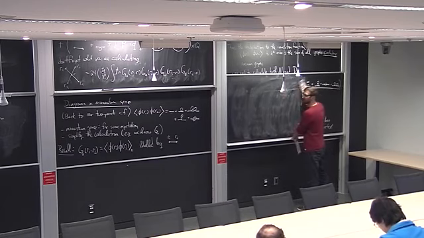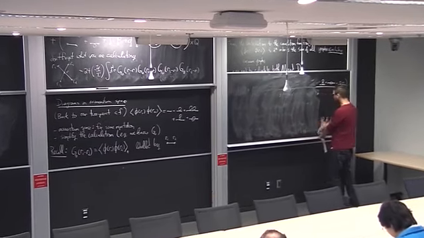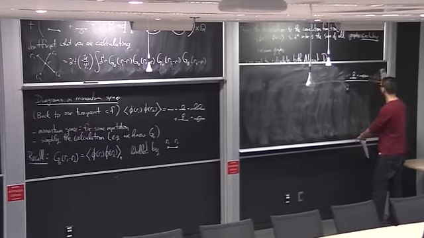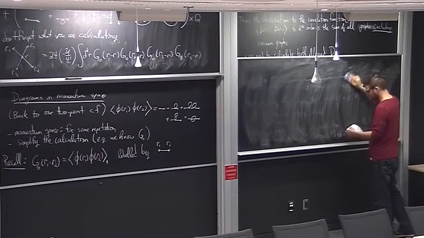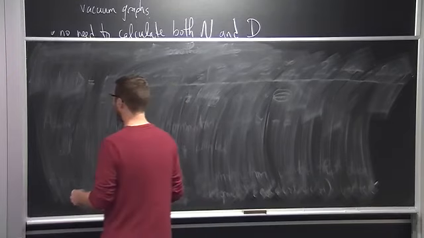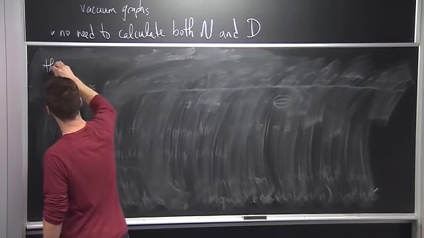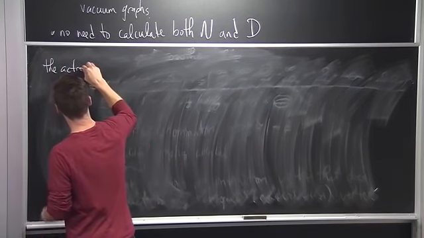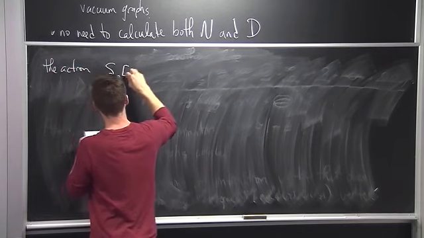Now, we can write the action in real space. So it's like the Gaussian action in real space.